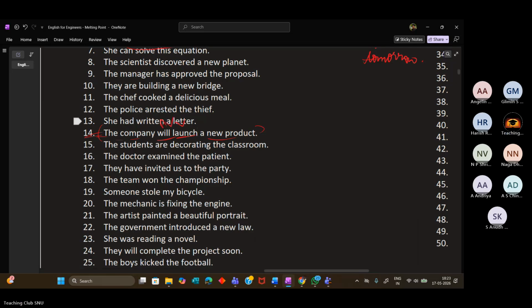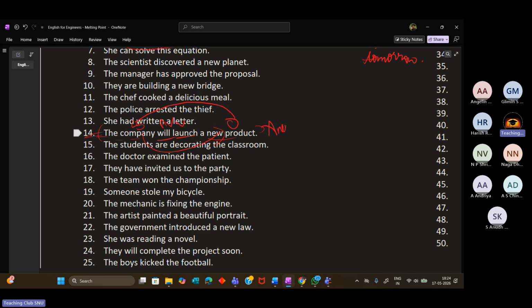So obviously then you can figure the rest of the stuff out. The company becomes subject and the product becomes the object. So what we do, we swap the two here and we figure the rest of the stuff out.